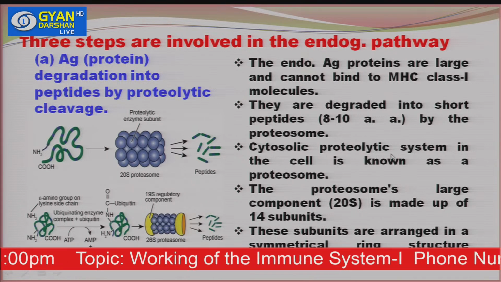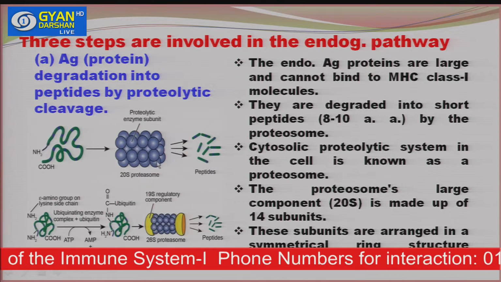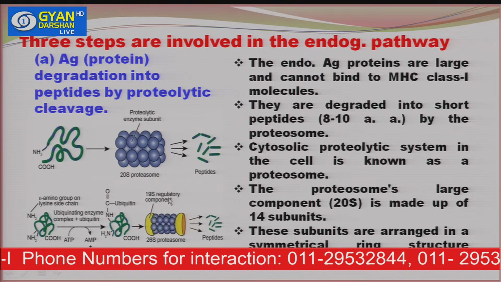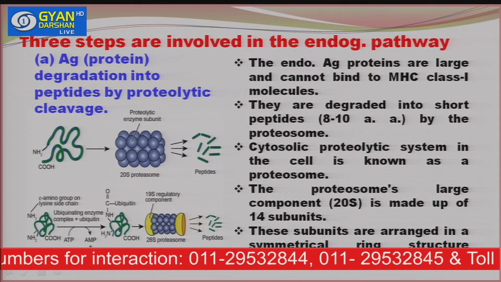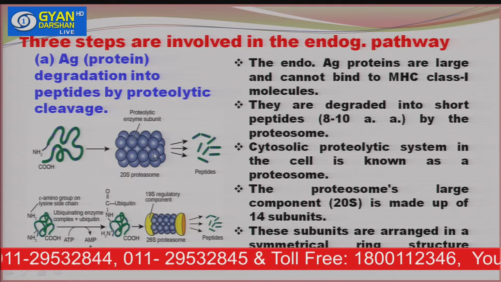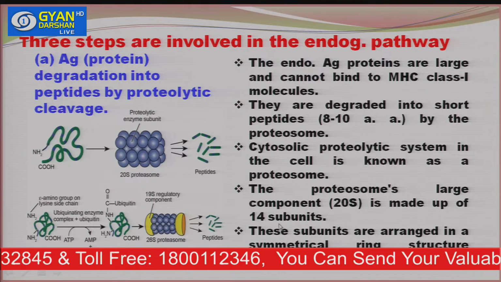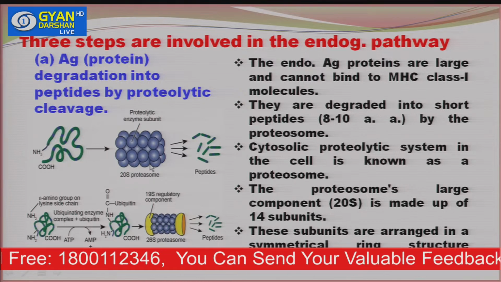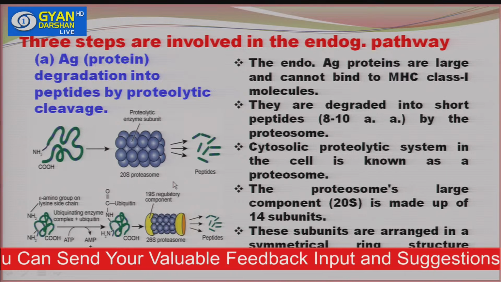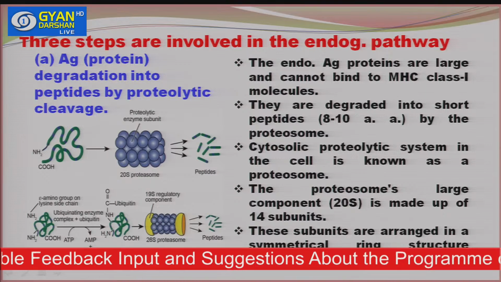The cytosolic proteolytic system in the cell is known as the proteasome. You can see the proteasome here. Here is the 19S regulatory component, which is present on the edges of the proteasome. The proteasome's large component, 20S, is made up of 14 subunits. These 14 subunit molecules are joined together, and ultimately they form the 20S proteasome. These subunits are arranged in a symmetrical ring structure.